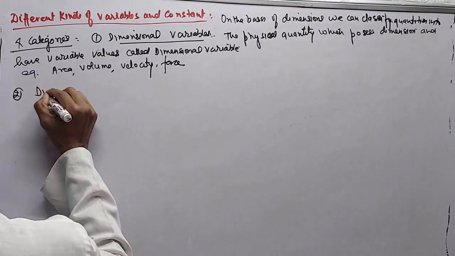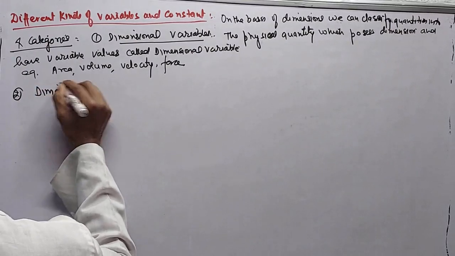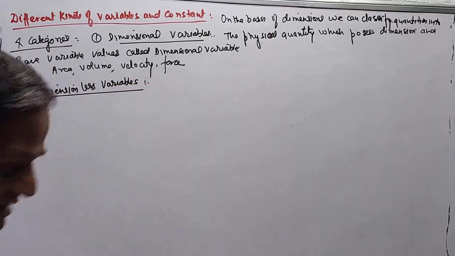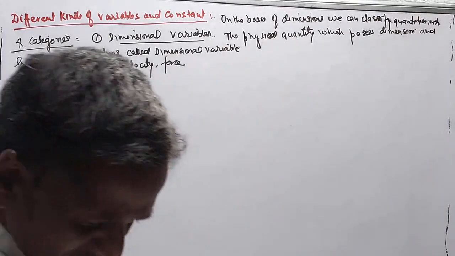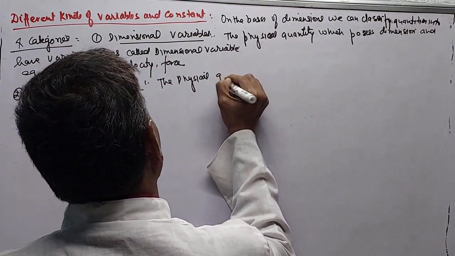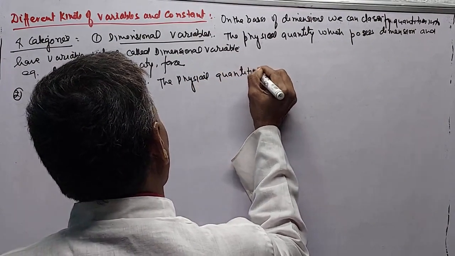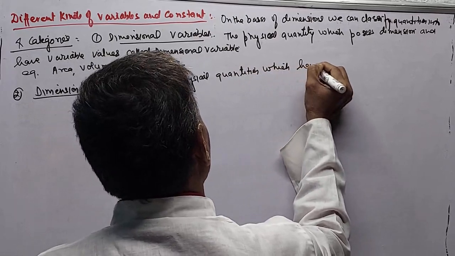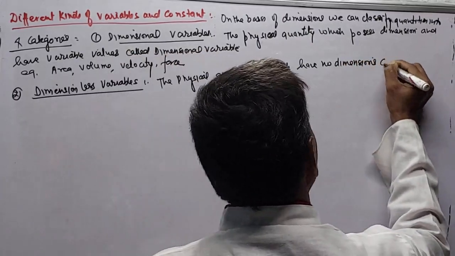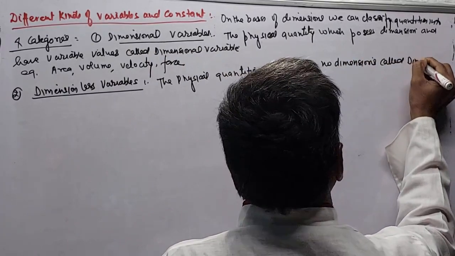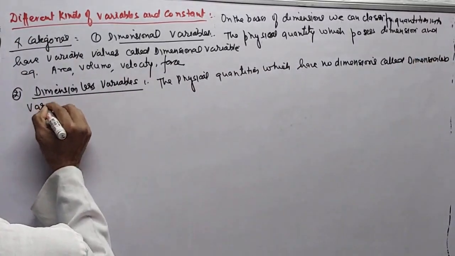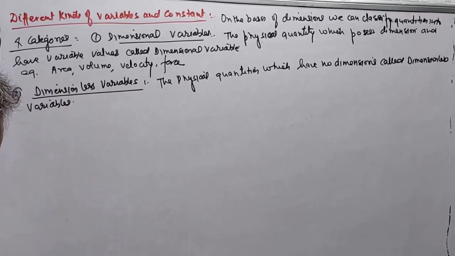Second one is dimensionless variables. The physical quantities which have no dimensions are called dimensionless variables.